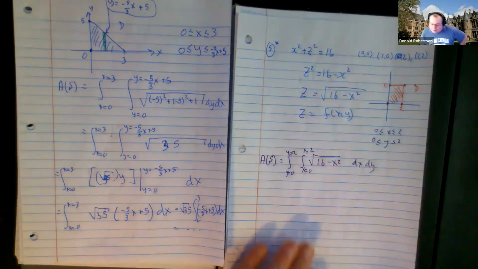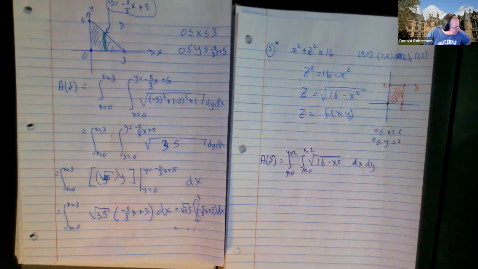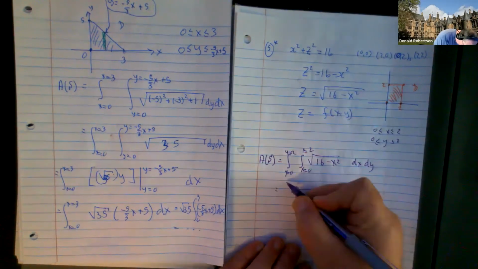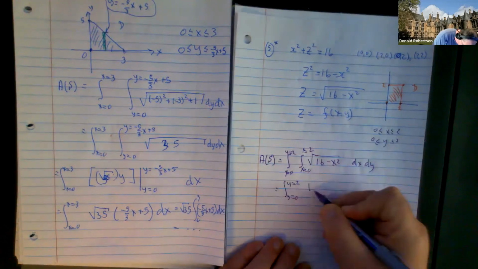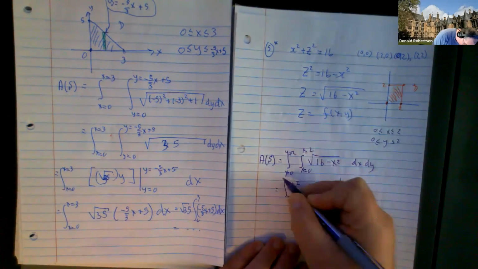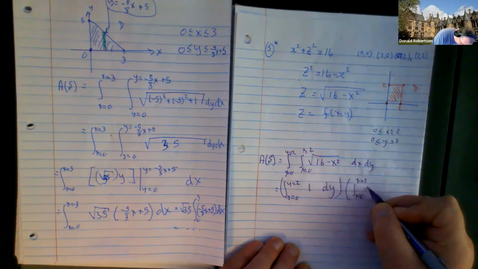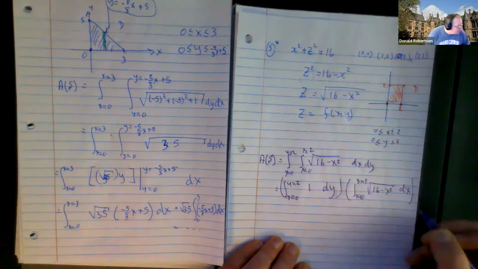I was hoping that maybe I could get a u sub out of this thing, right? But I can't. And so I'm just going to set it up as the integral from y equals 0 to y equals 2 of 1, and the integral from x equals 0 to x equals 2 of some really ugly guy that looks like that.